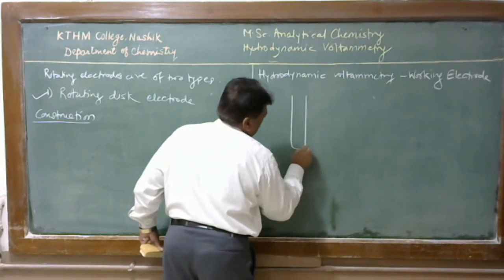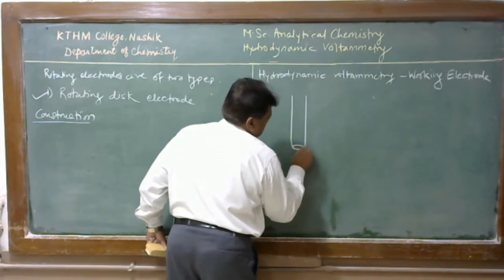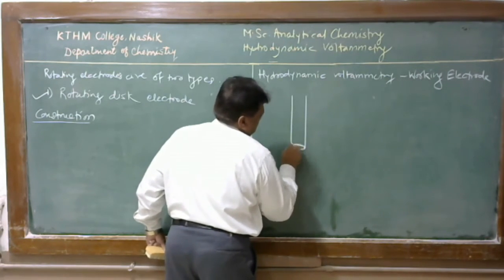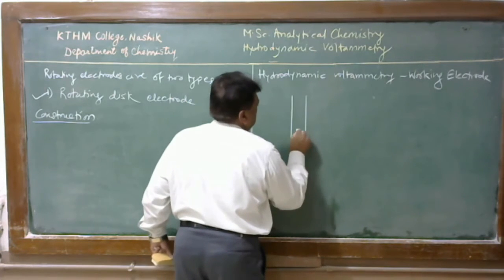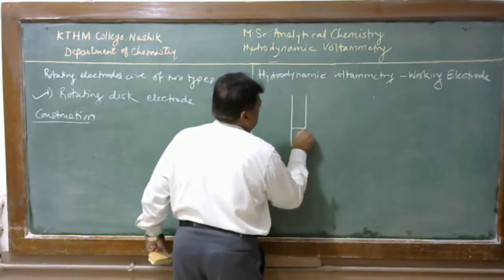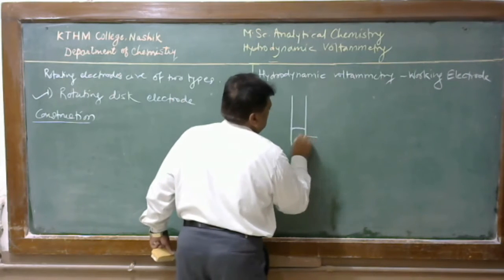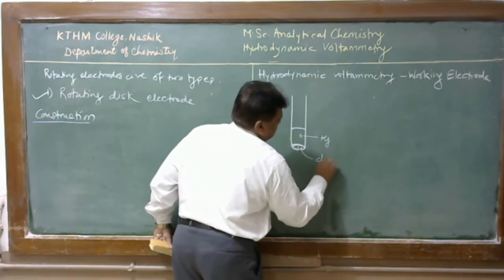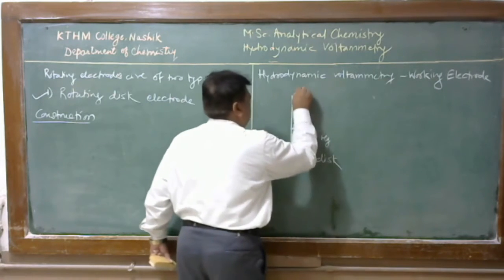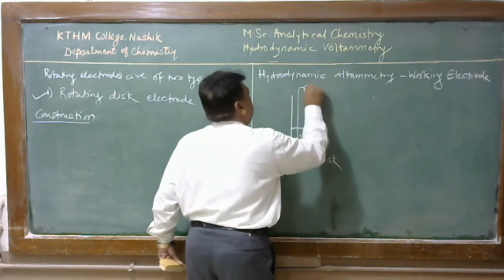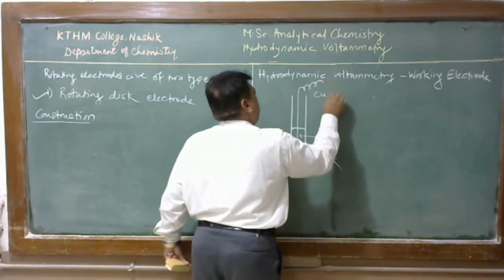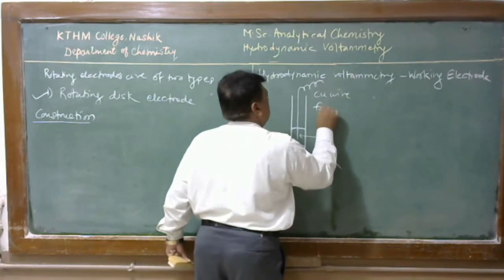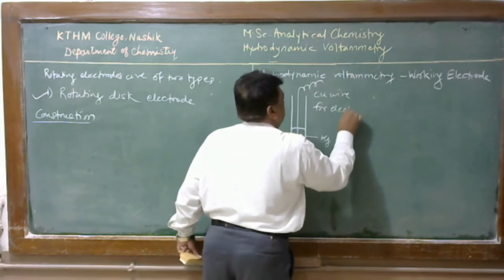To one end of the heavy glass tube, a disc is sealed. Inside this there is mercury. Here this is a disc, and here a copper wire is inserted, a copper wire for electrical contact.